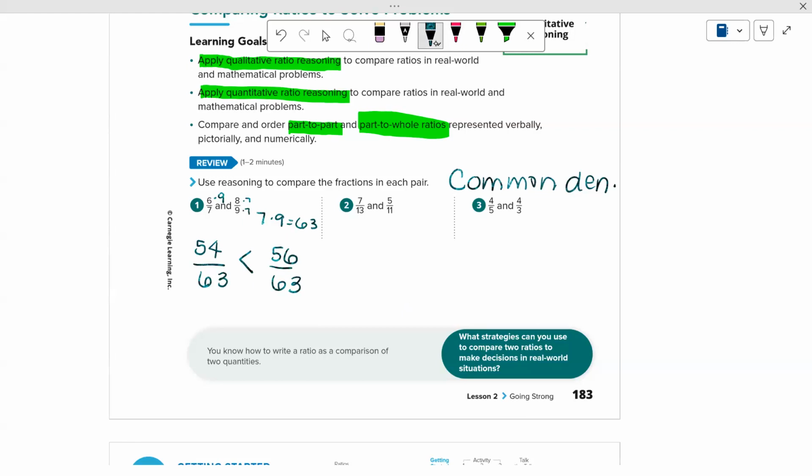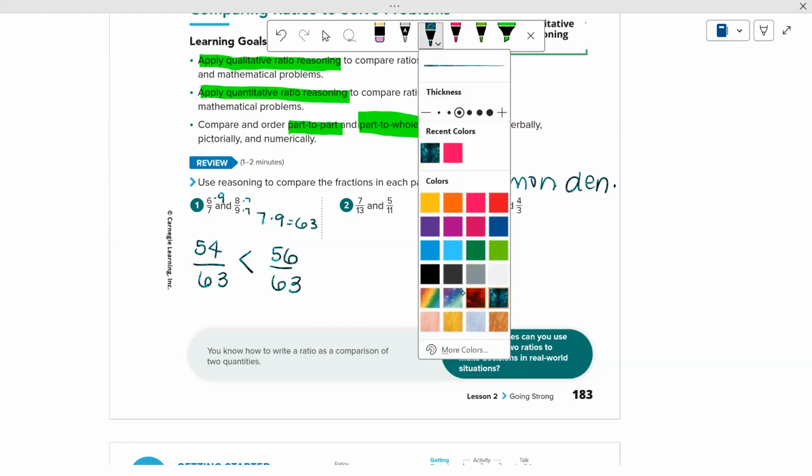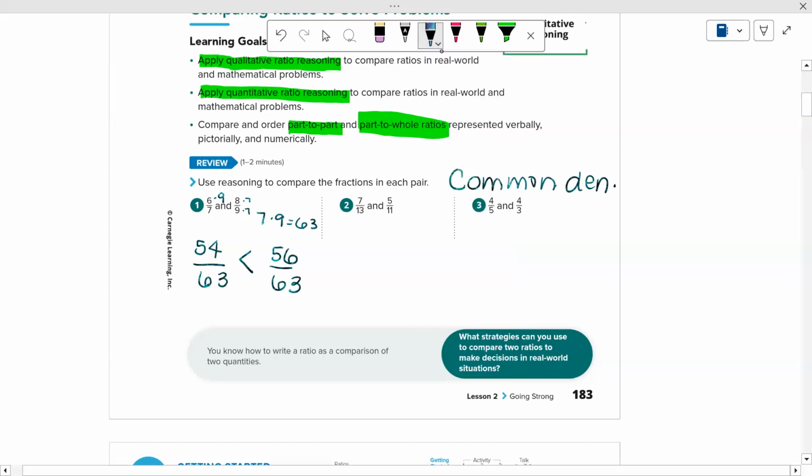My next one I'm going to do in a different color just because it's pretty. All right, let's look at our next one. Our common denominator between 13 and 11: I'm just going to multiply 13 by 11, and you get 143. If you need to do calculations off to the side here, great.